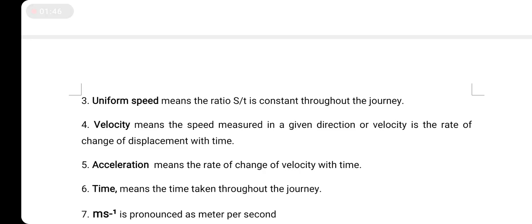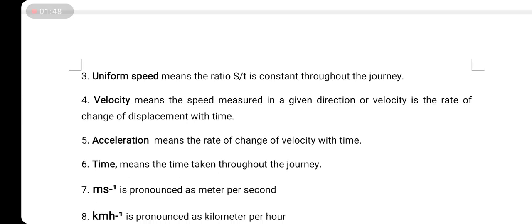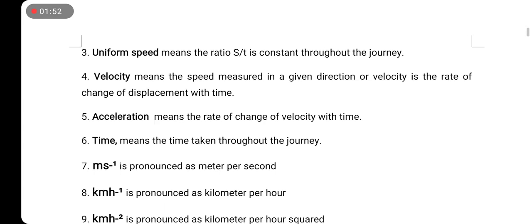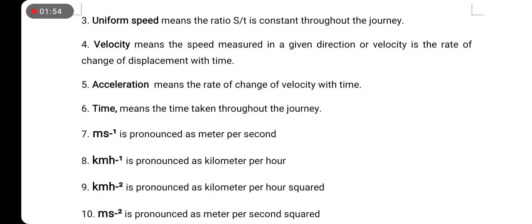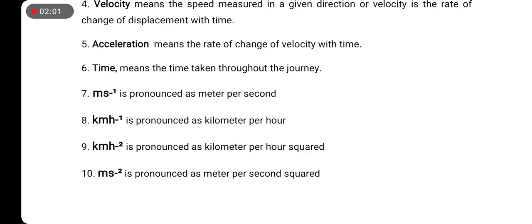Uniform speed, which means the ratio of S all over T is constant throughout the journey. Number 4. Velocity, which means the rate of change of displacement with time. Number 5. Acceleration, which means the rate of change of velocity with time. Number 6. Time, which means the time taken throughout the journey.